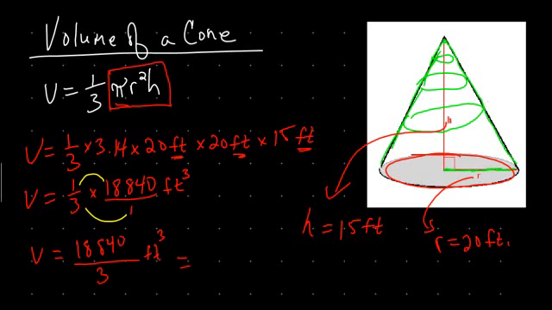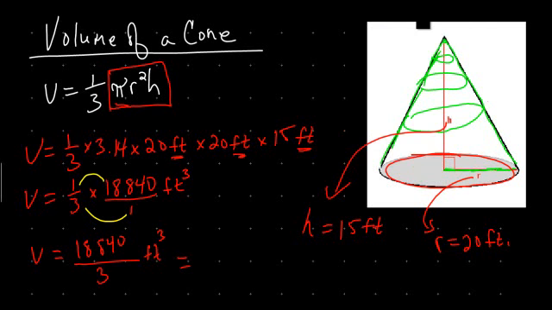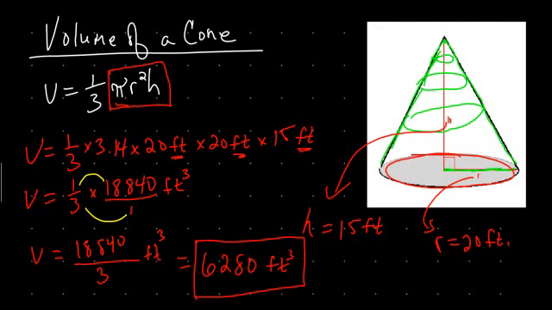And let's get the final answer here. 18,840 divided by 3 is 6,280 cubic feet. That's my final answer.